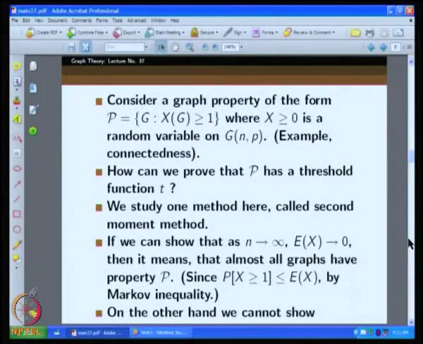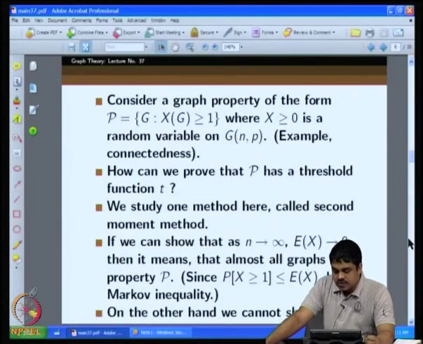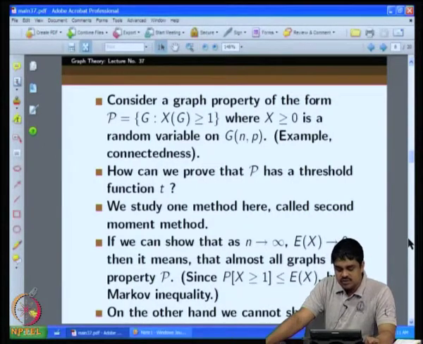We will introduce this method, it is called the second moment method. So, for instance, consider a graph property of the form: G such that a random variable X of G is greater than or equal to 1, where X is greater than or equal to 0 is a random variable.